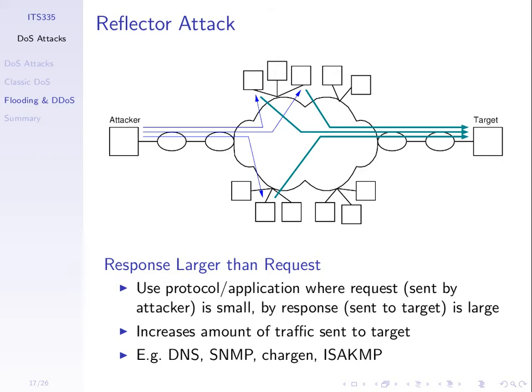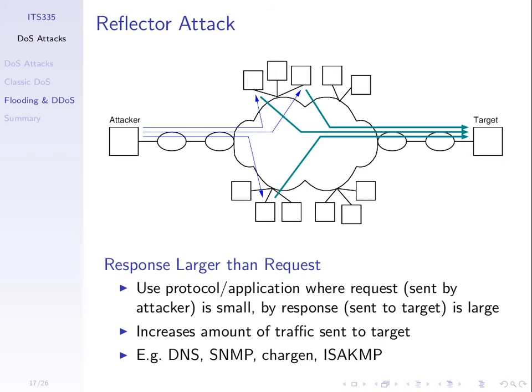It will actually slow down depending upon the amount of capacity. So the protocols that we can use for such an attack need two characteristics. They need these normal hosts to be able to respond. And second, usually they need to be using transport protocols which are not TCP.